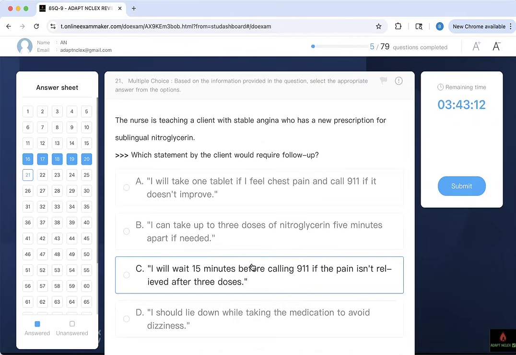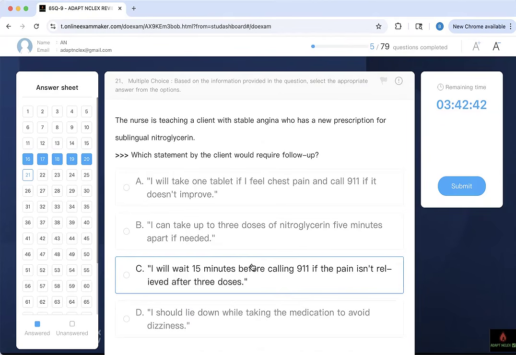What do we have? Which statement by the client will require follow-up? Wrong answer, they're saying something wrong. The nurse is teaching the client with stable angina, a chest pain problem, who has a new prescription for what? Sublingual nitroglycerin. Sublingual means under the tongue. Which one requires follow-up? I will take one tablet if I feel chest pain and call 911 if it doesn't improve.